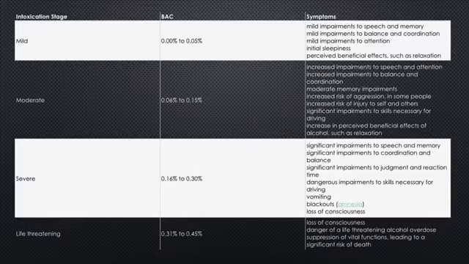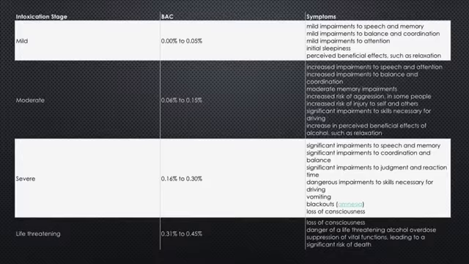Again, we talked about mild, that's at 0.00 to 0.05. Some symptoms are mild impairments to speech and memory, mild impairments to balance and coordination, mild impairments to attention, initial sleepiness, and perceived beneficial effects such as relaxation.